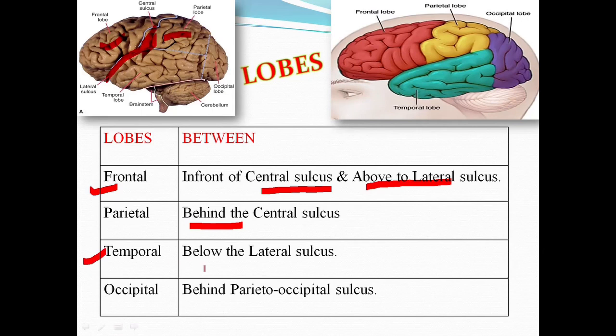Then below the lateral sulcus, you have the temporal lobe. Behind the parieto-occipital sulcus, you have the occipital lobe. So we have the frontal, parietal, temporal, and occipital lobes of the brain. You can observe by the colorations: frontal, parietal, temporal, and occipital, separated by the lateral, central, and parieto-occipital sulcus.